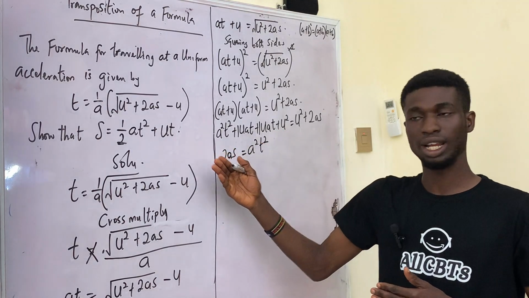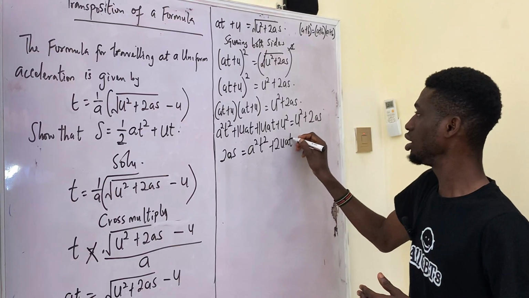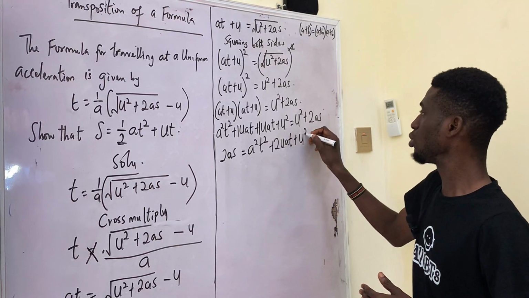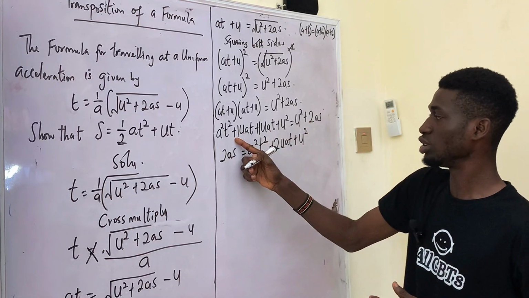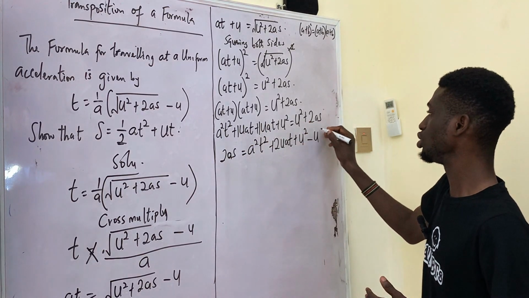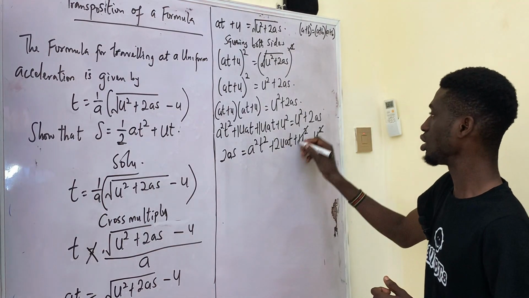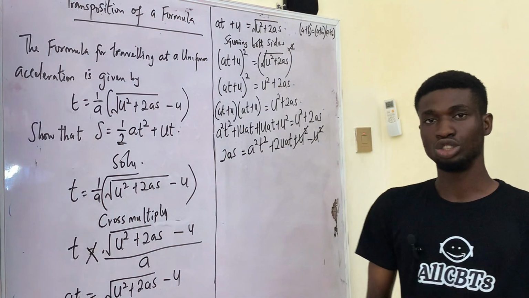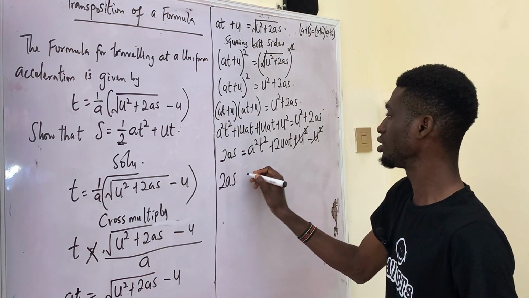We add them together. So I'm to have plus 2uat plus u squared. Don't forget this u squared is coming. I'm collecting like terms. It comes to this other side. I'll have it as minus u squared. So minus u squared is going to cancel positive u squared. So here I'm going to have 2ax.